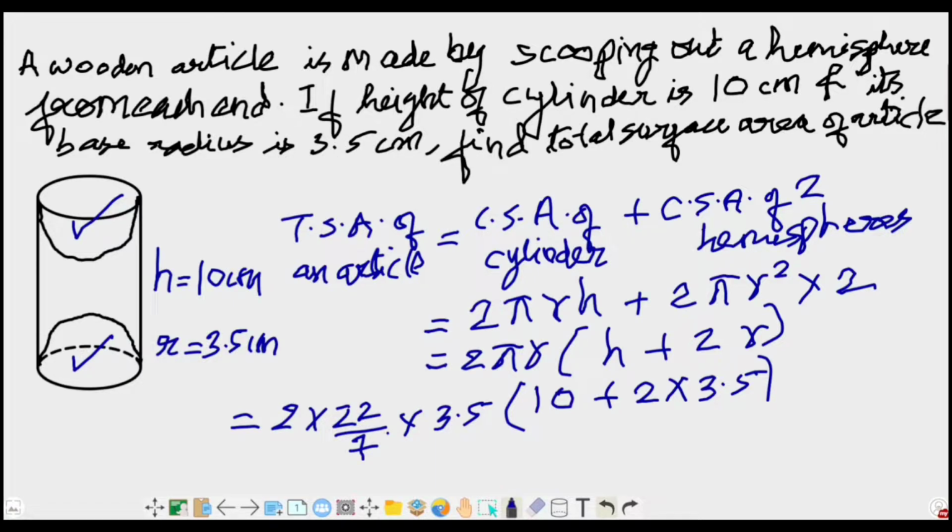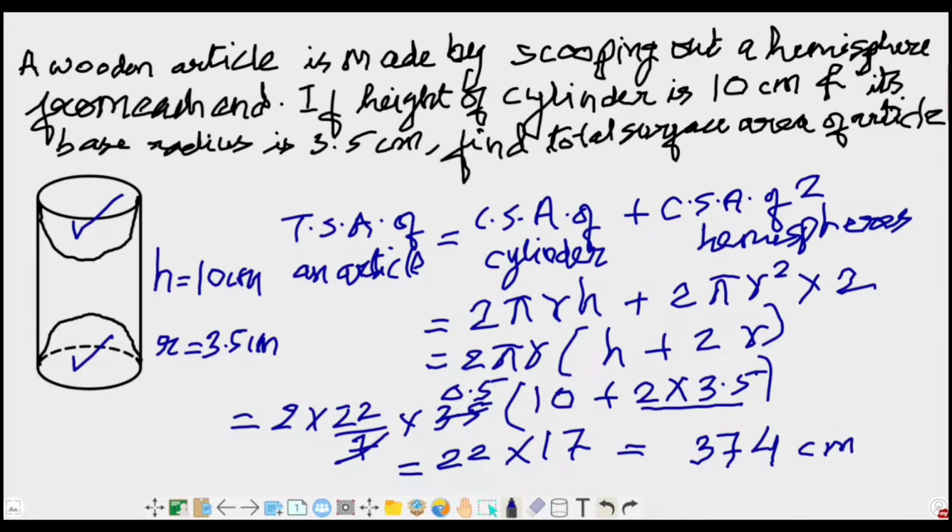Now this 7 ones are 0.5, and 2 into 0.5 means 1. 1 into 22 into 7 plus 10, that is 17. 17 times 22 is 374 square centimeter. Understood?